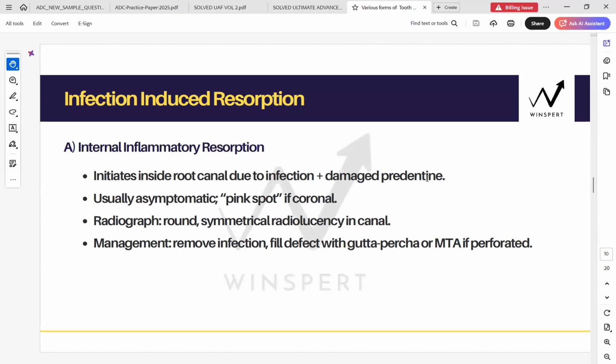So the access to the areas is very difficult, and sometimes you have to consider that there should be no remaining tissue, debris, smear layer on these concavities. So you have to do adjunctive measures. Your file system alone will not be enough.